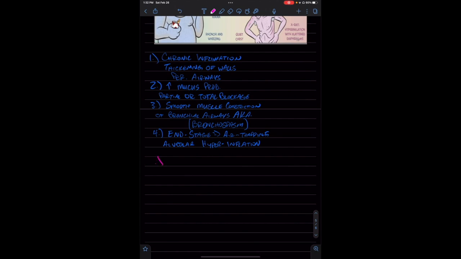So again, the anatomic alterations for emphysema, going back to that definition: it's the permanent destruction of the airspace distal to the terminal bronchioles.